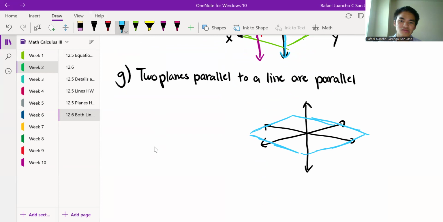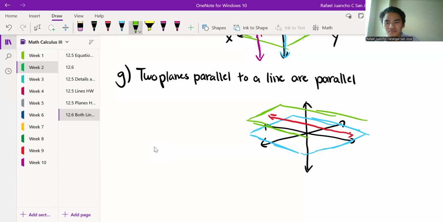Let's say the line is here. And let's say another plane is up here maybe. So yeah, I guess they are parallel. I'm gonna say true unless it's otherwise. But I feel like this is true. So two planes parallel to a line are parallel.